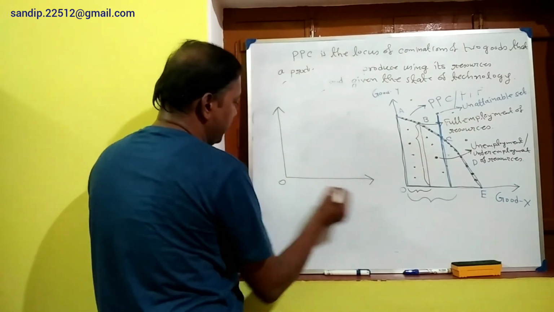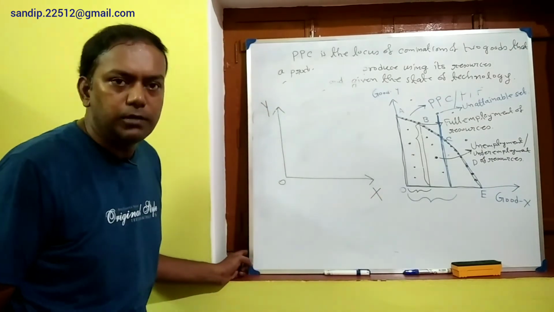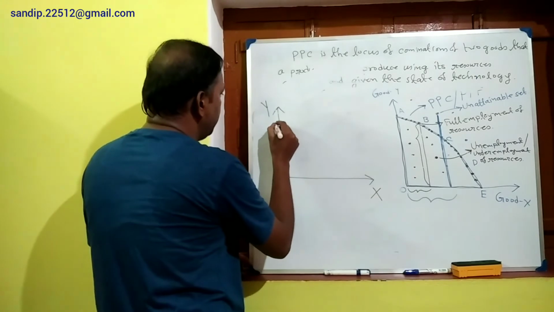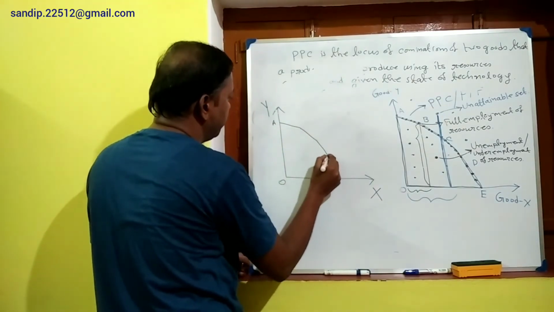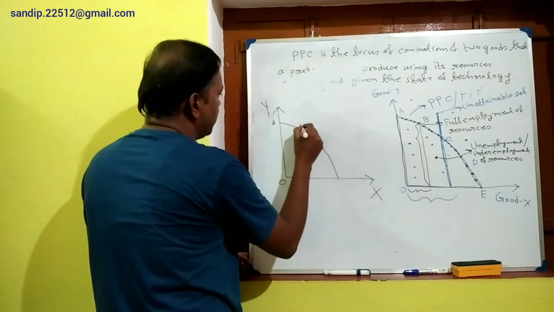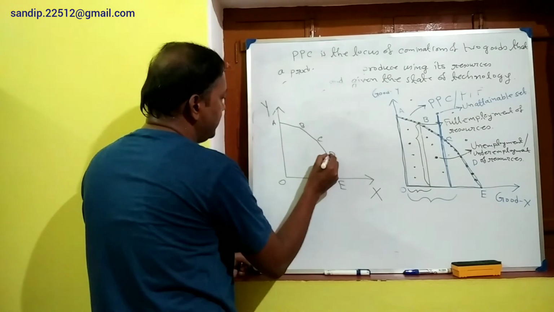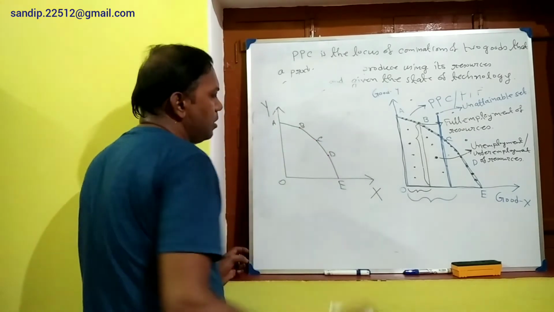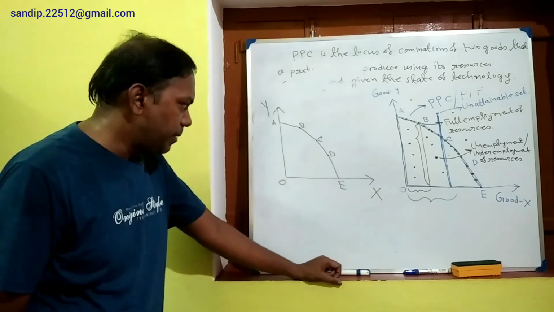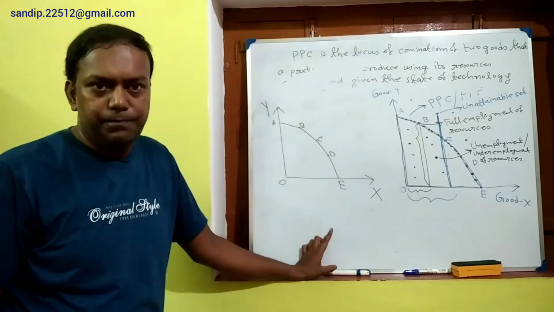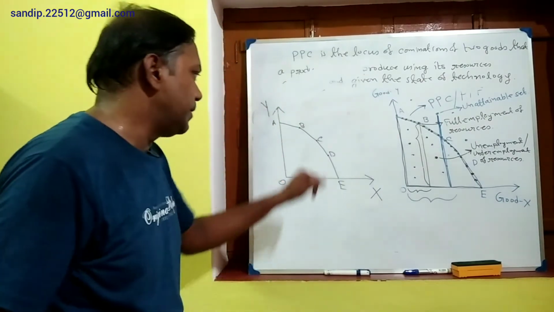If we measure commodity X along the horizontal axis and commodity Y along the vertical axis, we get our PPC like this, with combinations B, C, D, E. This kind of PPC is called a saucer shape PPC.